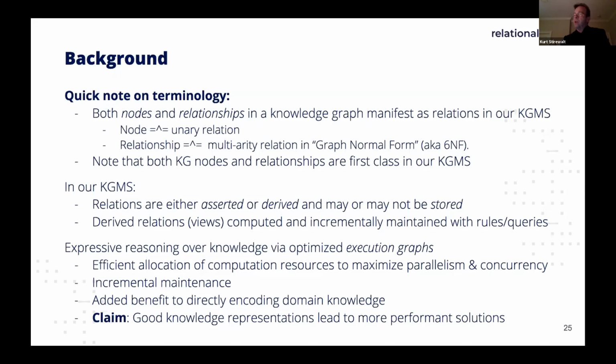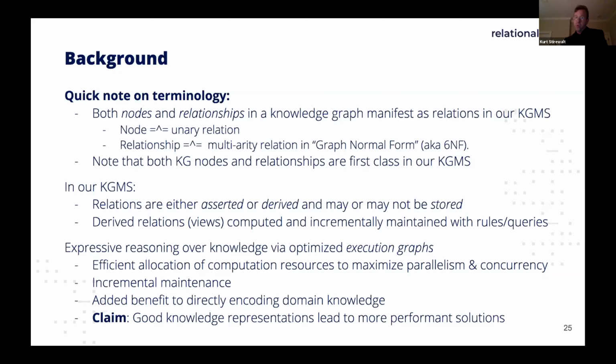So we've been talking about knowledge graphs, and knowledge graphs comprise nodes and relationships. Both of these concepts, nodes and relationships, manifest as relations in our knowledge graph management system.